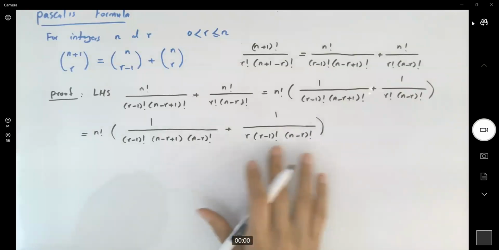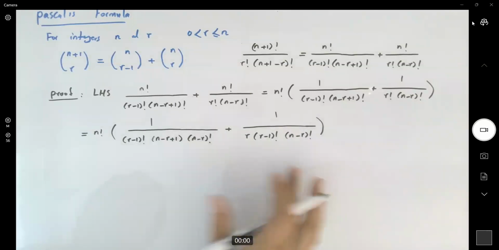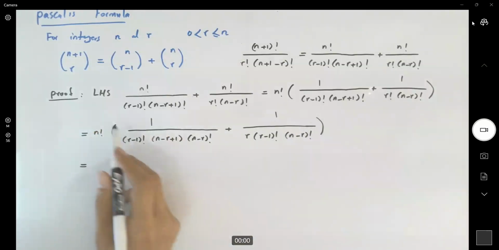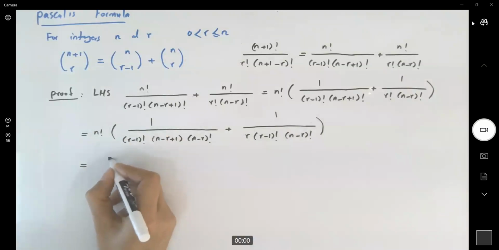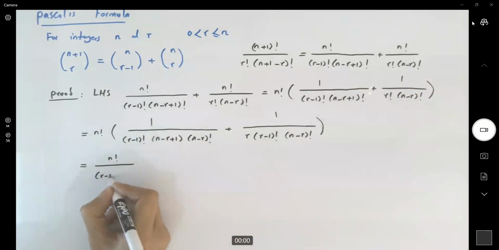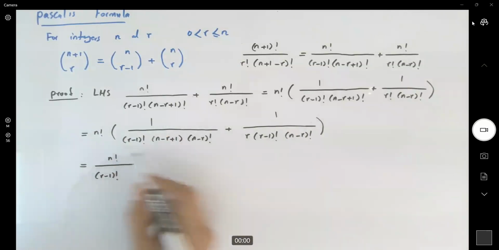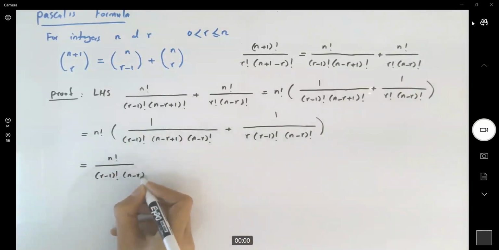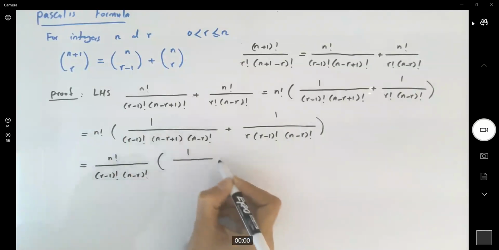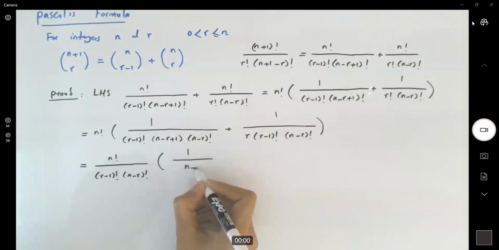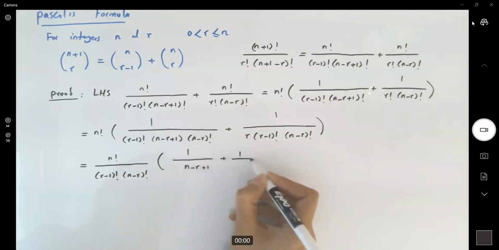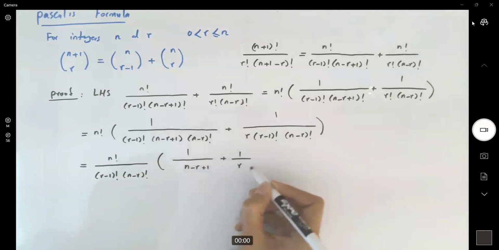What you can do is also factor this out and write it in front of the parentheses. You have n factorial divided by (r minus 1) factorial, it's repeated in both of these, and also (n minus r) factorial. And then take the common denominator for whatever is left here. You have 1 divided by (n minus r plus 1) plus 1 over r.